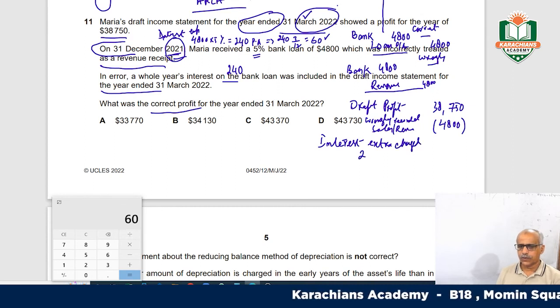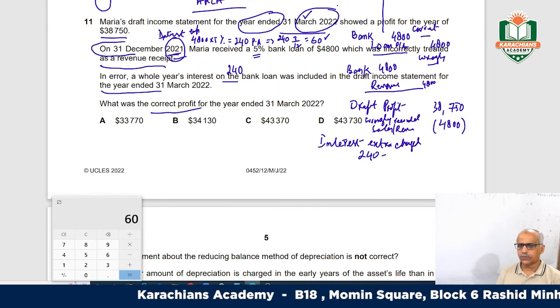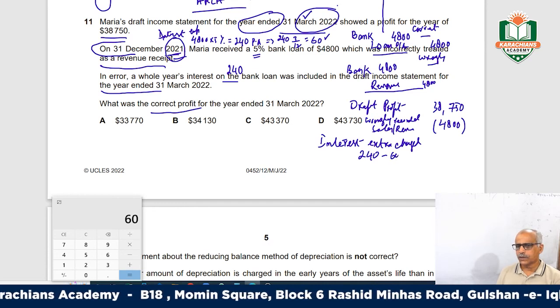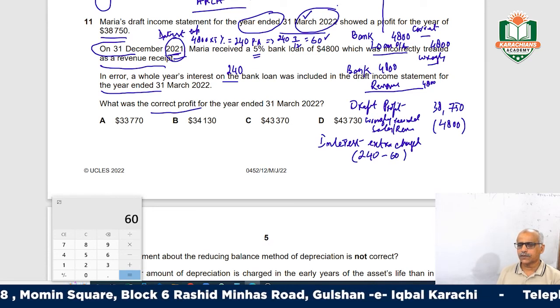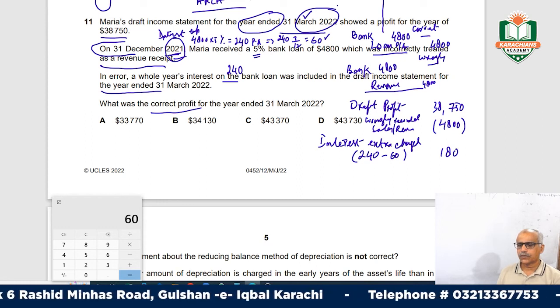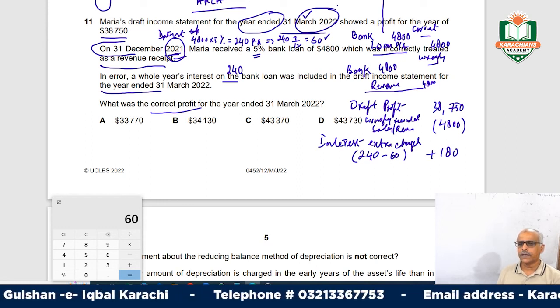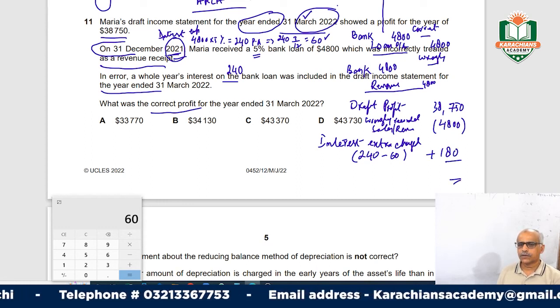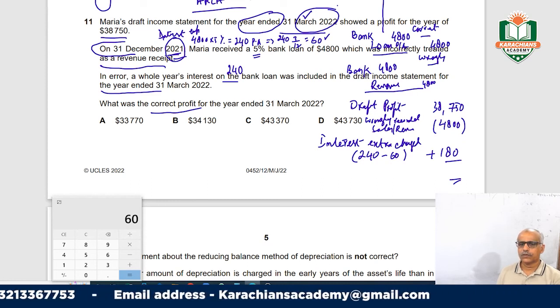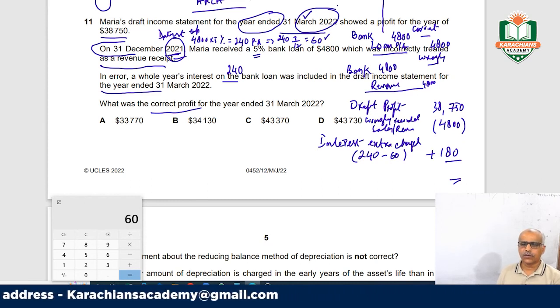How much you were to charge? You charged 240. You were to charge only 60. How much extra have you charged? 180. Because you were to record 60, you recorded 240, so you add this back.